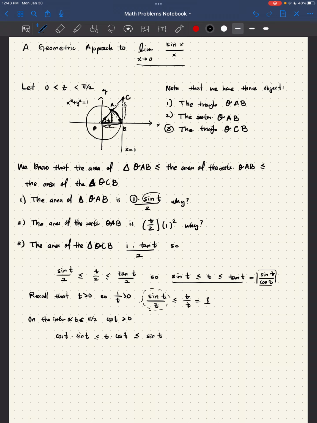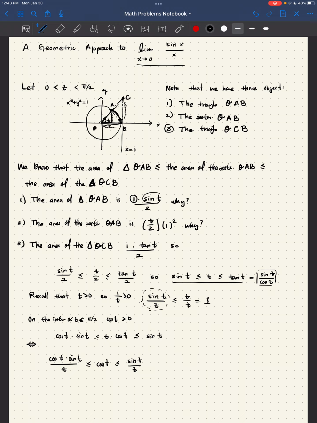So we'll get the following equivalent inequality. We have cosine of t times sine of t divided by t is less than or equal than the cosine of t, which is less than or equal than sine of t divided by t.